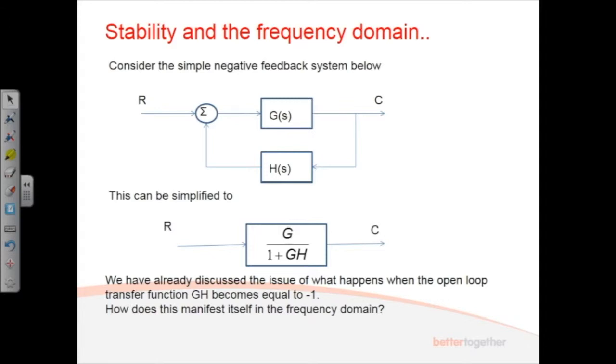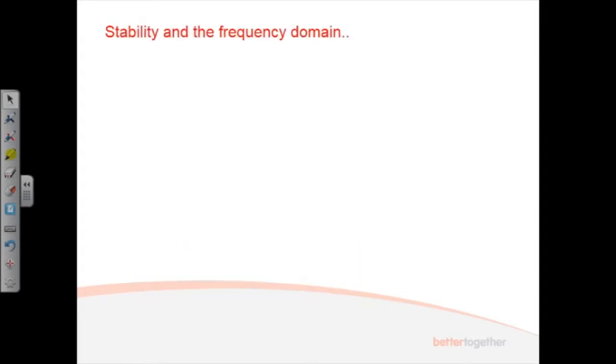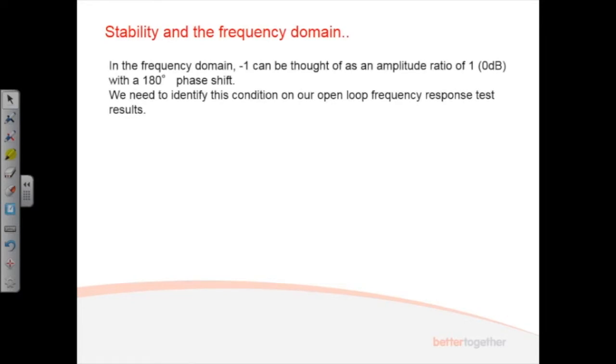Okay. So what I need to understand is how -1 shows up in the Bode plot. The Bode plots separate out amplitude from phase. So 1 clearly is 0 decibels, just thinking of the amplitude.